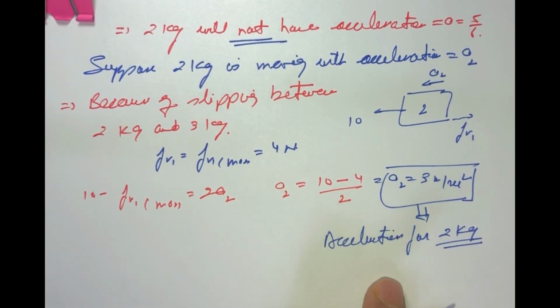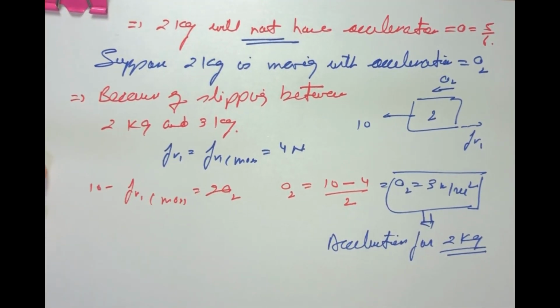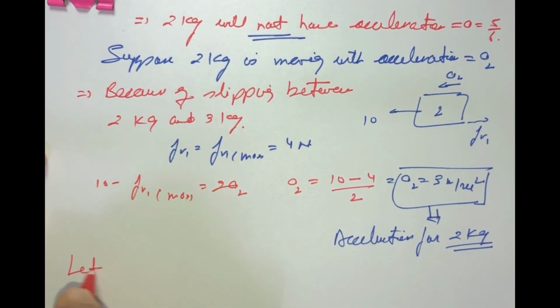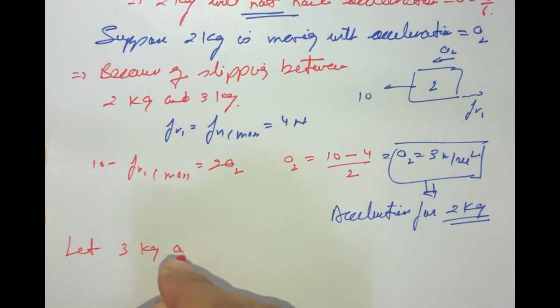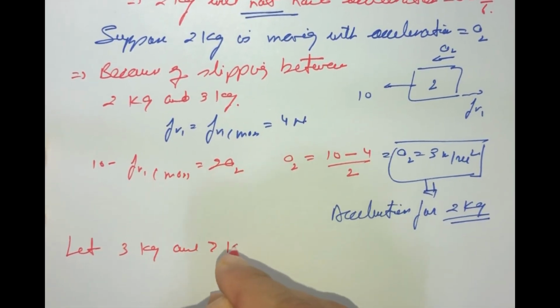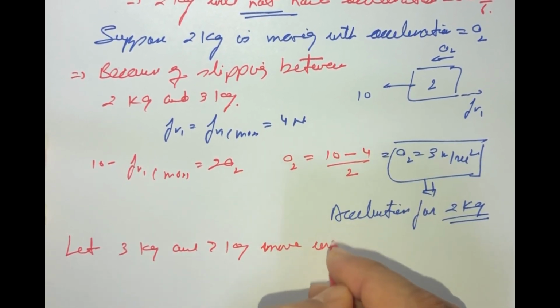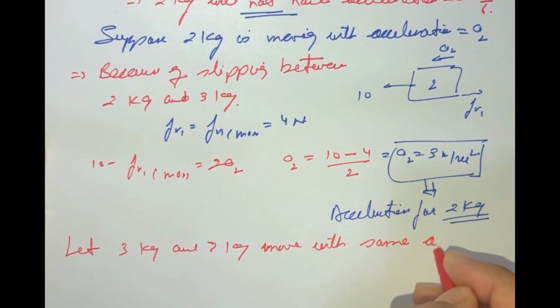Now let us check whether there is any slipping between 3 and 7 kg. So once again, let 3 and 7 kg move with the same acceleration.